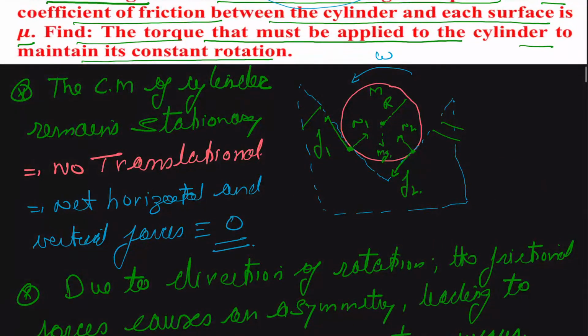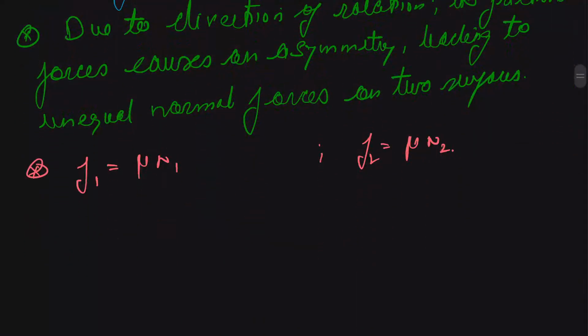So let us call this point A and this is point B. So we have point A, and this is normal our N1. We have a frictional force F1.